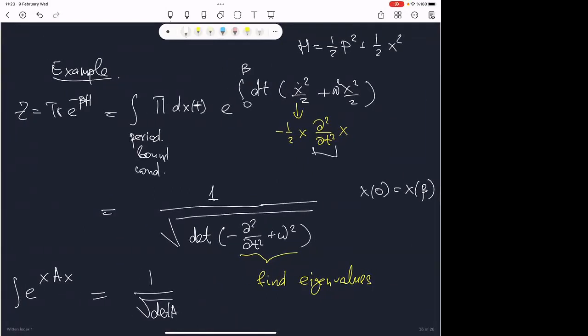As you see, what we do here is rewrite our exponential in a way that we have a Gaussian integral. We know how to compute the Gaussian integral, and this is just some determinant of our operator. In order to compute this determinant, we need to find the eigenvalues of this operator.